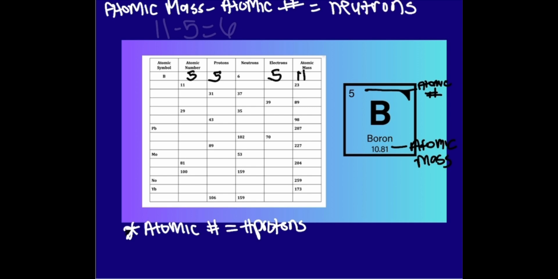Our atomic mass for boron is 11. So 11 minus our atomic number, which is 5. Let me try to write that again. So 11 minus 5 equals 6. And that is how we got the number of neutrons for this element.